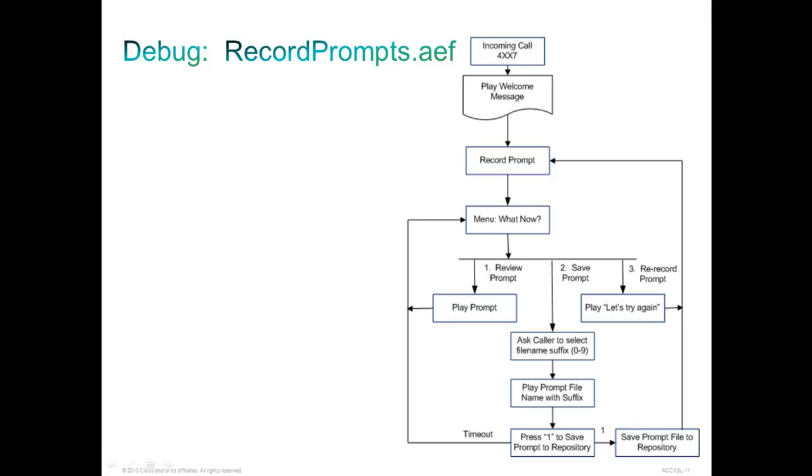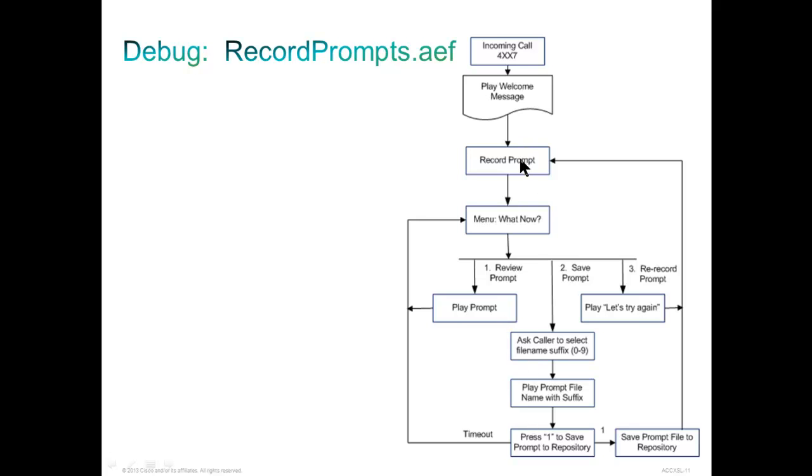Let's debug this record prompt script and take a look and see how it operates. Again, our call flow shows us coming down, playing a welcome message, and asking to record a prompt. There is a menu that gives them 3 choices, and when the choice to save the prompt is done, the caller is asked for a suffix, gives us a suffix, and we play that back and come around for a circle.